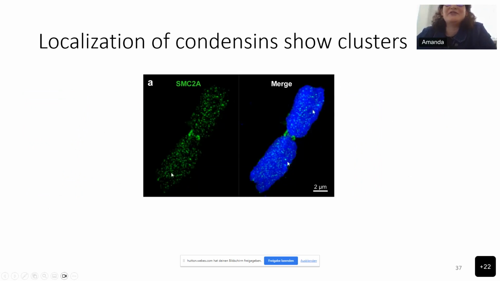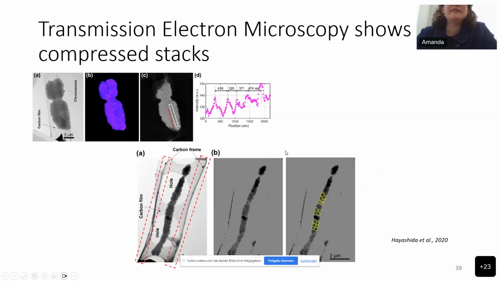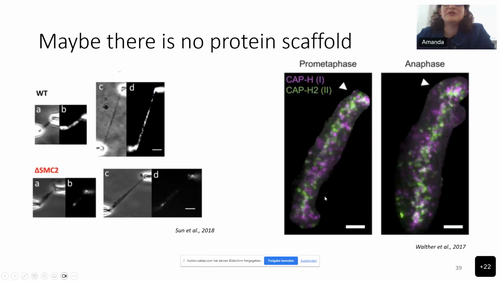And indeed, when we try immunolocalization of condensin, we don't see a helical scaffold, but these clusters. And other experiments support this. Also transmission electron microscopy showed this kind of stacks in the size of 100 nanometers. And so maybe there is no protein scaffold, with evidence from other experiments.